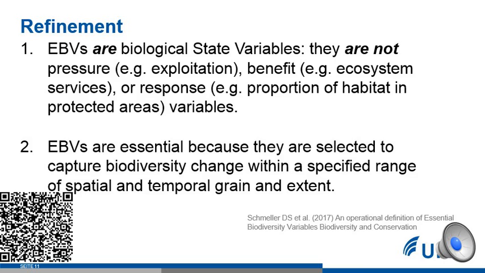These are variables which can explain biodiversity change, but they have nothing to do with the EBVs. An EBV needs to capture biodiversity change within a specified range of spatial and temporal grain, and it needs to be an important change for biodiversity.